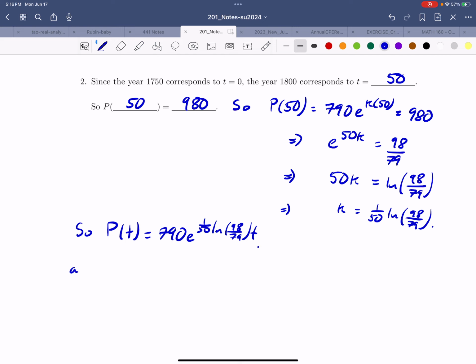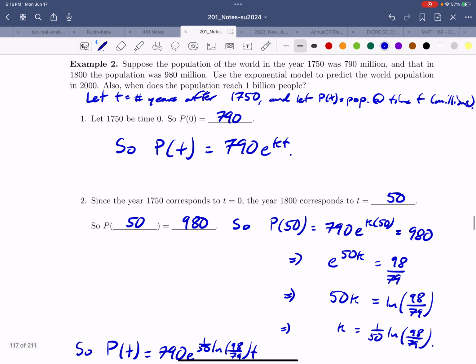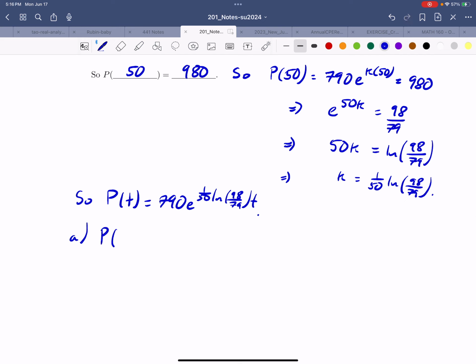So first off, if we want to find the population at 2000, what are we going to do? Well, we just plug in 2000 for t. You get 790 e to the 1/50 ln of 98 over 79 times 250. Note that this cancels kind of nicely.